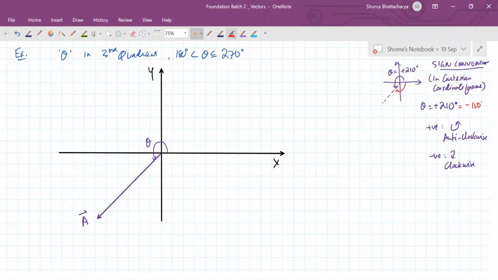Now for this vector which is lying in the third quadrant, you can clearly see that the x component is also negative and the y component is also negative. Okay. So immediately, the moment we are talking about the third quadrant, it means that both the components ax and ay are negative, which means that both the quantities sine theta and cos theta will become negative.